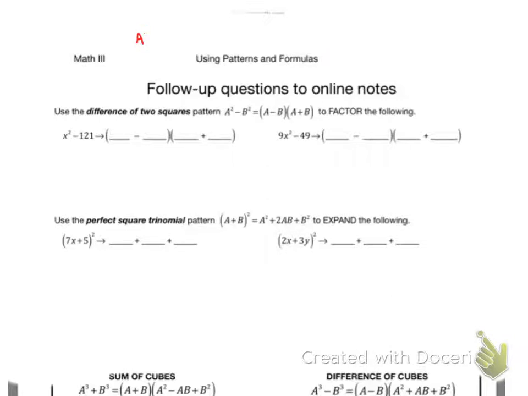For this one, it looks like we're going to be using the difference of two squares for both of these, and we're going to follow this pattern and factor the two polynomials given to us. If we look at this first one here, we have x squared minus 121.